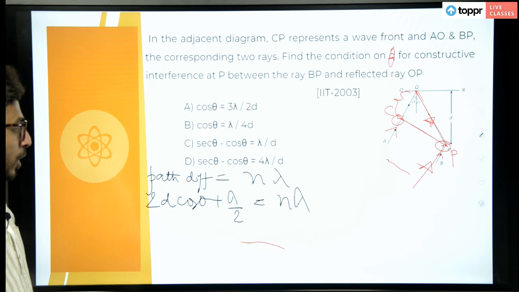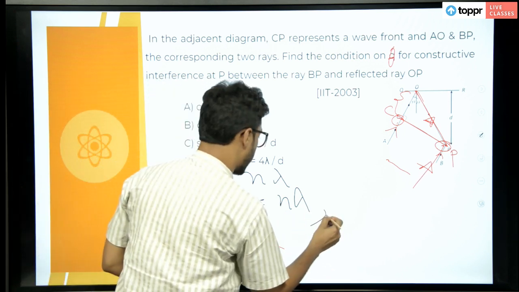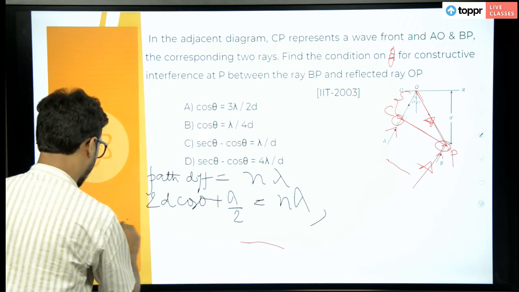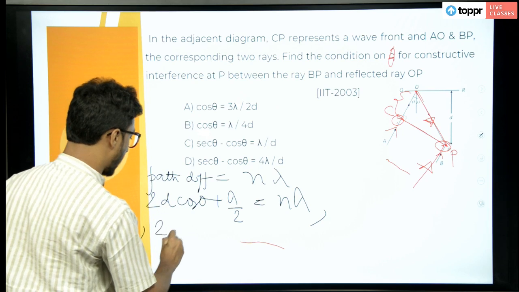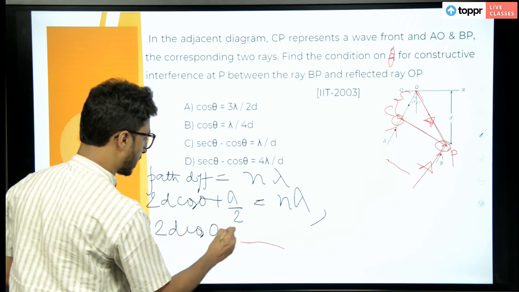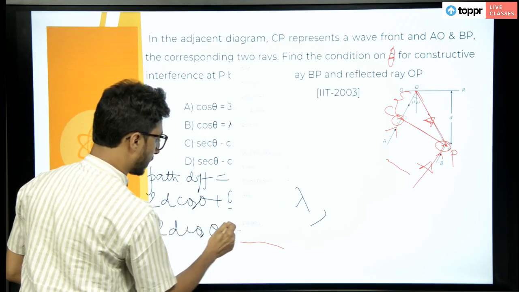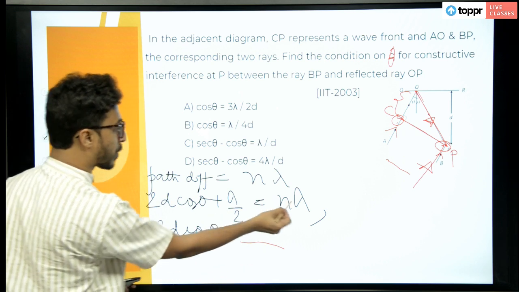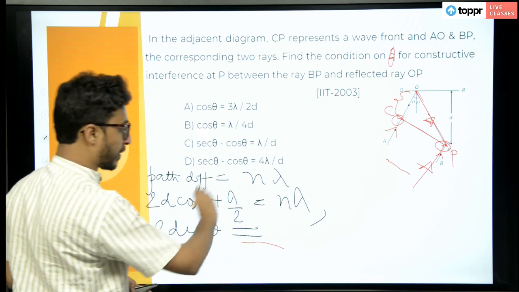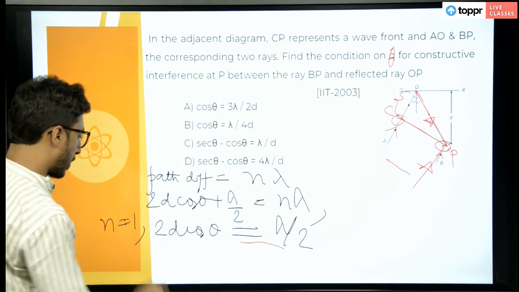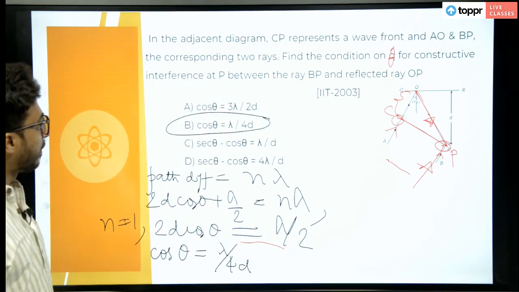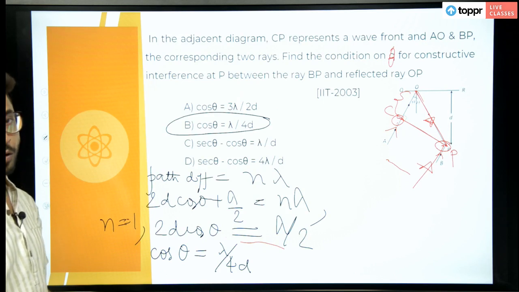The simplest case is n equals 1. Then 2d cos theta plus lambda by 2 equals lambda, so 2d cos theta is lambda by 2.